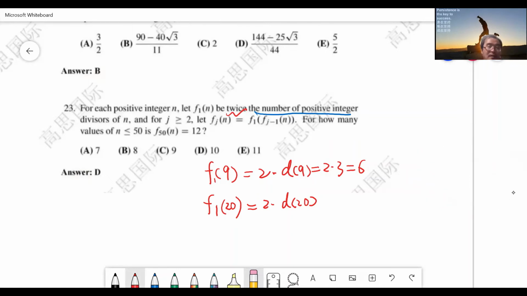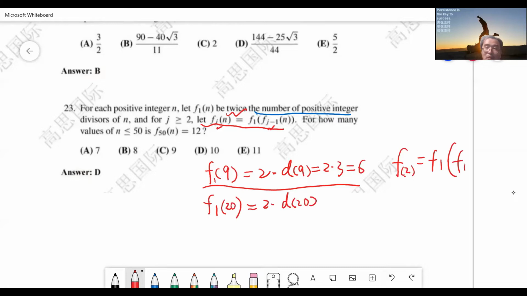So now we do the recursion. If we have f1 here, the next function is f2, which is built from the previous one. You can see this is j, and this is j minus 1. So f2 of n is f1 of f1 of n.